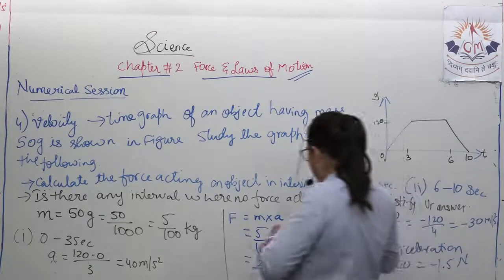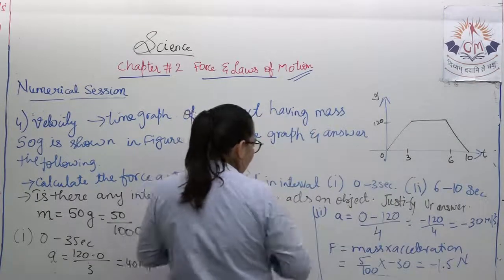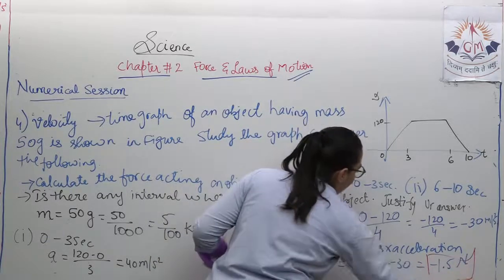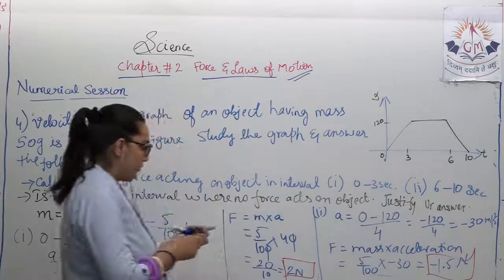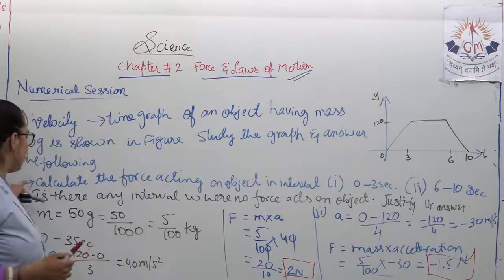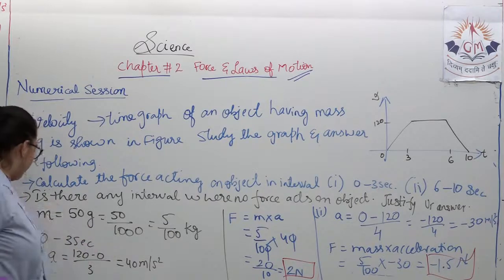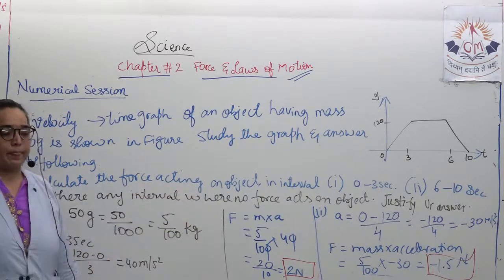So for the first one, the answer is 2 Newton. For the second one, the answer is minus 1.5 Newton. Note, this is the answer of the very first part. First note this much solution.